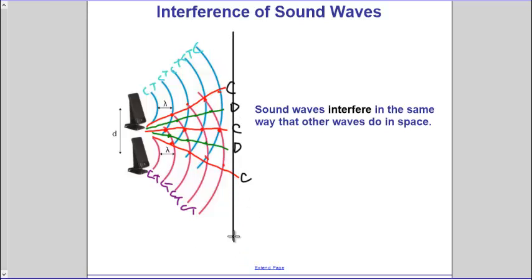If I were to walk along that straight line, I'd hear loud, soft, loud, soft, loud. What comes next? Soft, loud, soft. Because I'd be walking through locations where the waves combine constructively to make tall waves and destructively to make no waves. So guess what? You get antinodes, nodes, antinodes, nodes, antinodes, nodes.